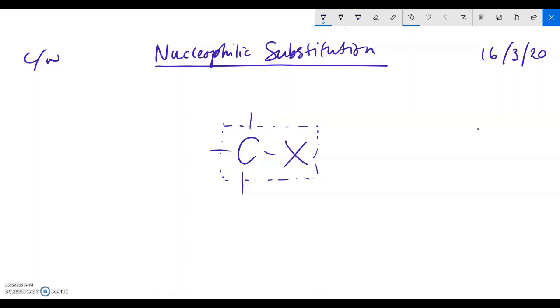Now, halogens tend to be of high electronegativity, and therefore we end up with a polarization of this bond. The halogen is going to end up as delta minus, and the carbon is going to end up as being delta plus. This means that the carbon itself is actually electron deficient.